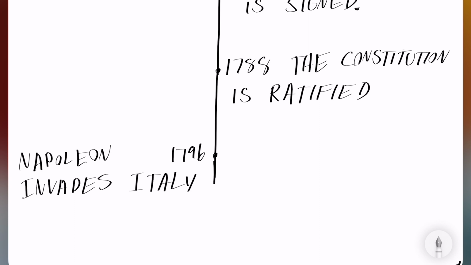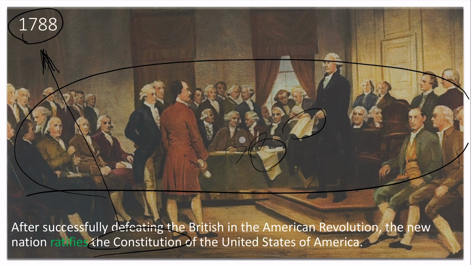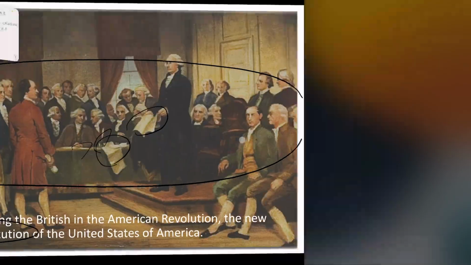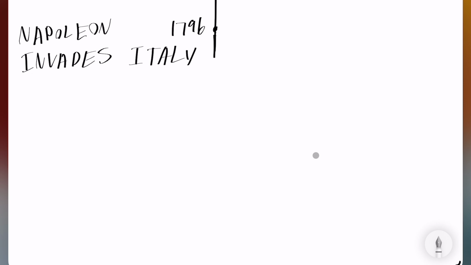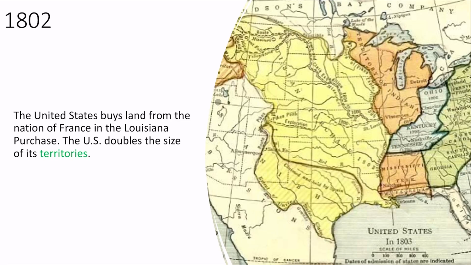Okay. And now let's look at our last important event. Because remember, our timeline goes all the way to 1802. That's when we're stopping our timeline, all right? So let's write 1802 here. Will be our last event for this presentation.